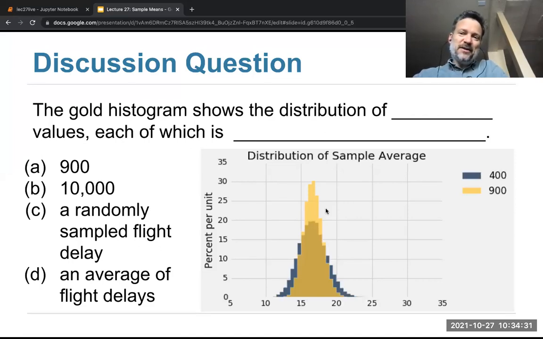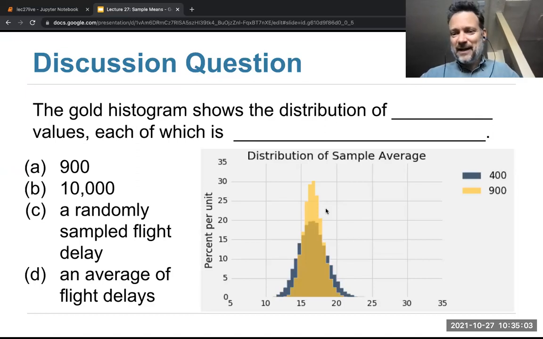Want to give me a reason why you say no, it's the same shape? Sample size is the same. Sample size is what affects the variability, not the number of repetitions.